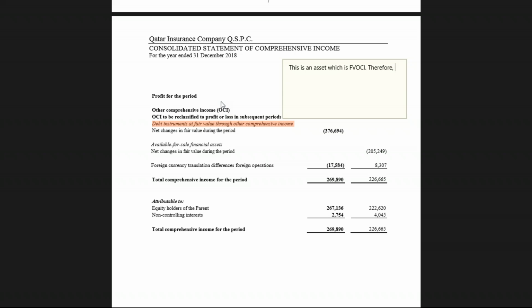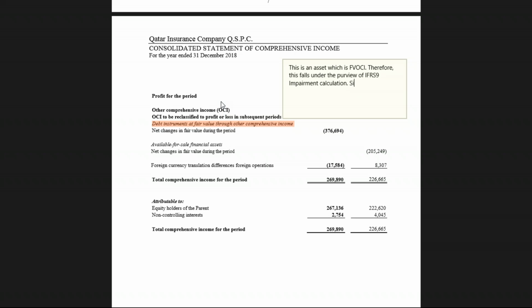Therefore, this falls under the purview of IFRS 9 impairment calculation.